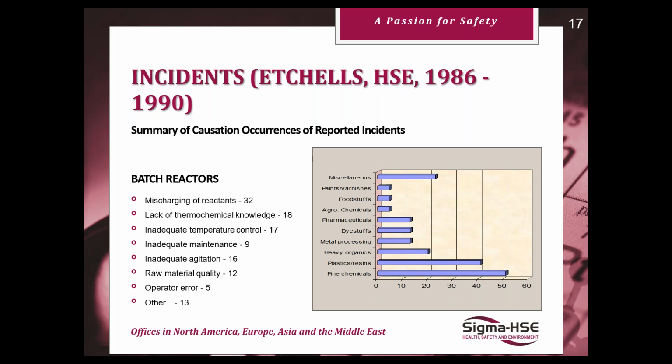Mischarging of reactants being the largest one. This can be too much of one reagent too quickly, or it can just be the completely wrong reagent. If you're in a company that deals with multiple chemical processes, it's not unheard of. And this sort of thing can cause unwanted, unknown reactions that can be extremely violent.